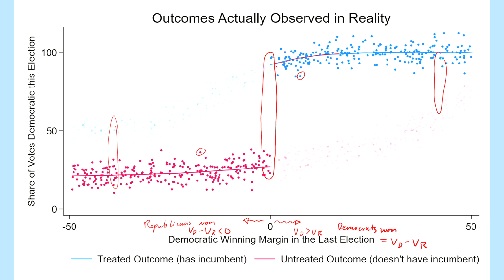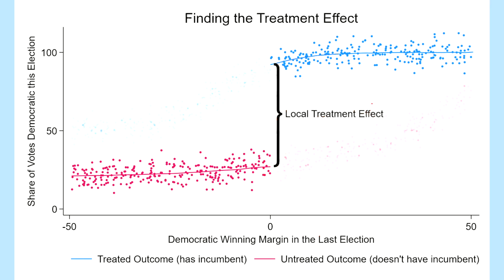So the intuition of the regression discontinuity method is that if I take the difference between the average above and the average below, this is going to be a measure of the treatment effect. Right there. And it's the local treatment effect in the sense that it's local to this area of variation.